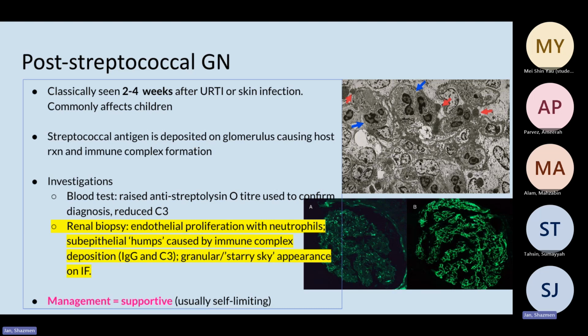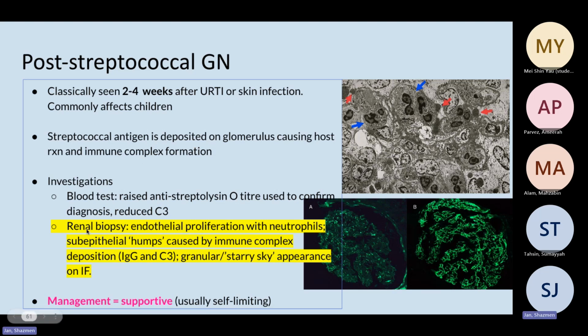These immune complex deposits are seen in the renal biopsy. In terms of investigations, on a blood test, a raised anti-streptolysin O titer confirms the diagnosis, and you'd also see a reduced C3 because this is being used up to form the immune complexes.